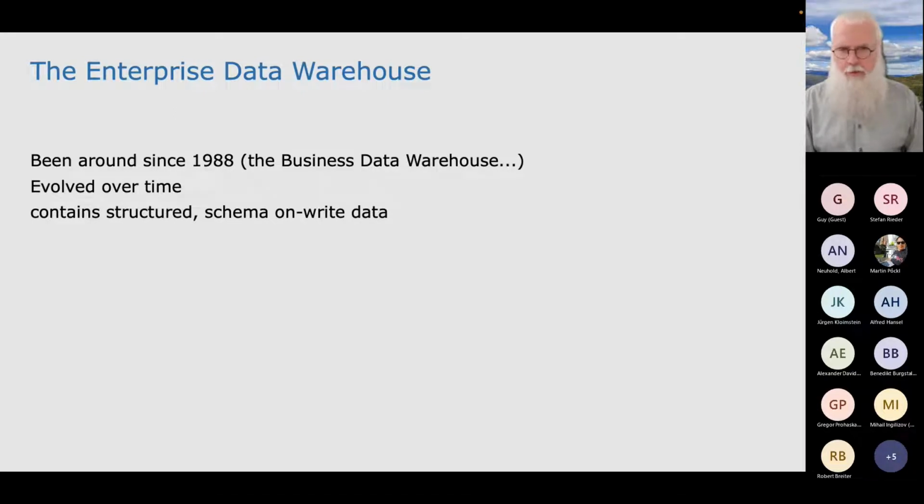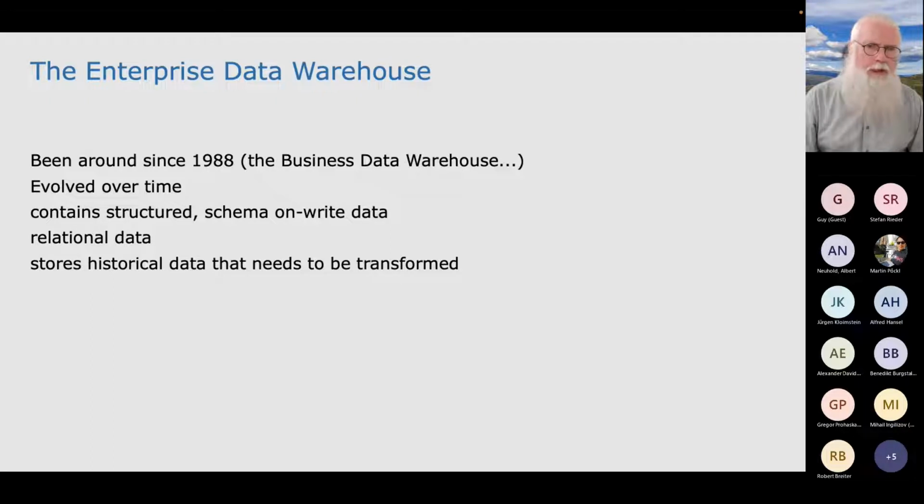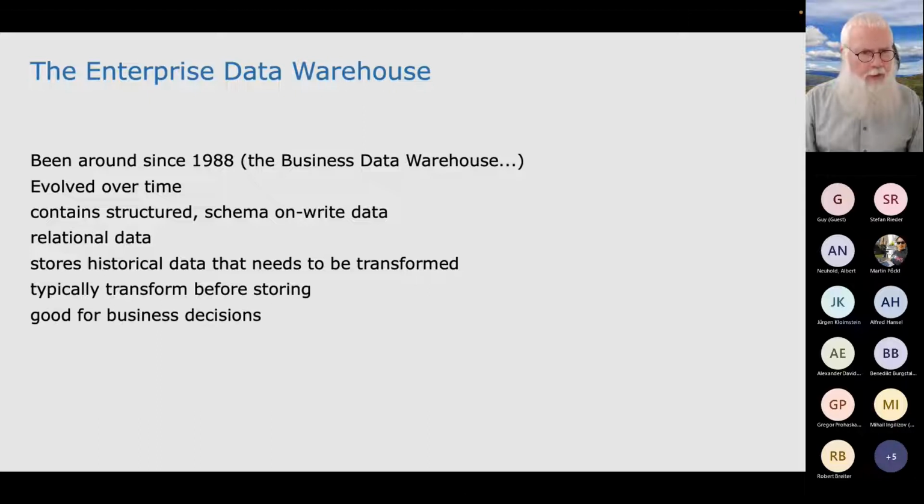It contains a lot of structured, schema-on-write data. So it means that you have to shape everything as relational data, yeah? And it stores historical data from various sources that needs to be transformed and aligned as it is loaded into the warehouse. And typically you transform before you store it, but of course it depends which marketing department you're listening to, if you do ELT or ETL or some kind of a mix in between.